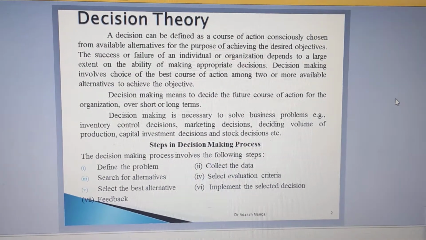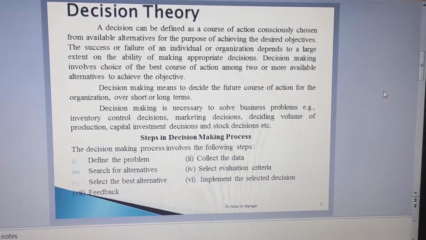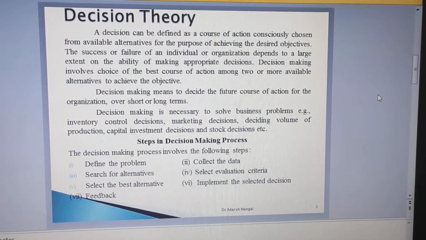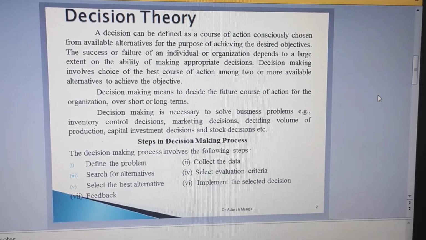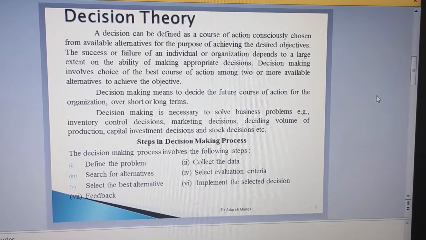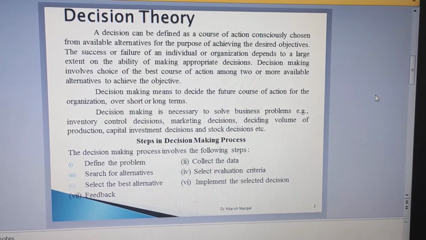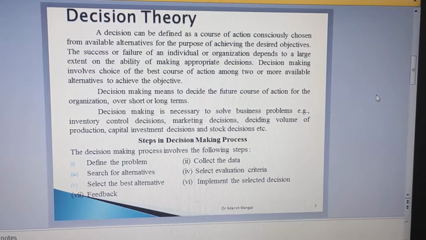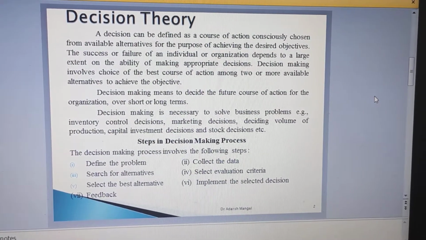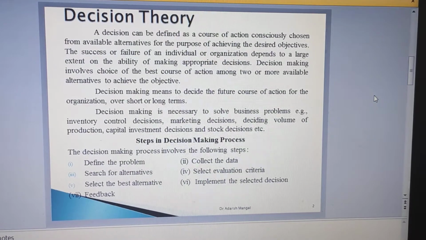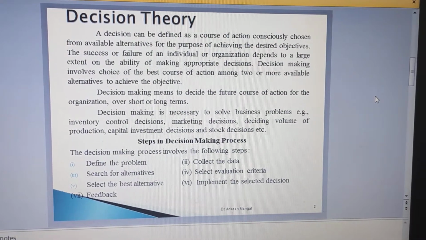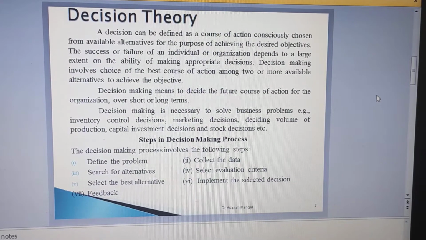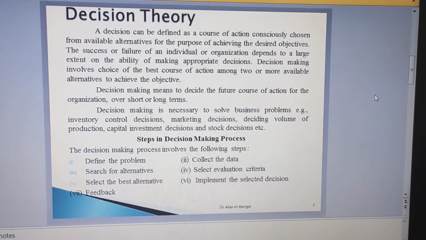A decision can be defined as a course of action consciously chosen from available alternatives for the purpose of achieving the desired objectives. The success or failure of an individual or organization depends to a large extent on the ability of making appropriate decisions. Decision making involves choice of the best course of action among two or more available alternatives to achieve the objective.